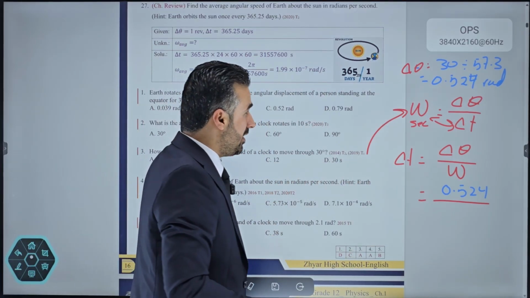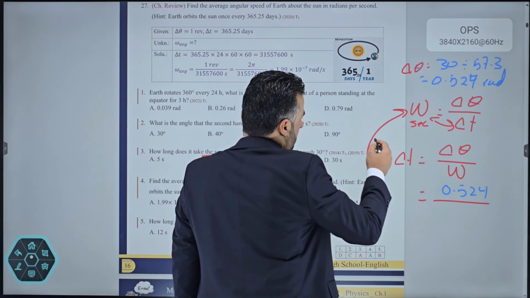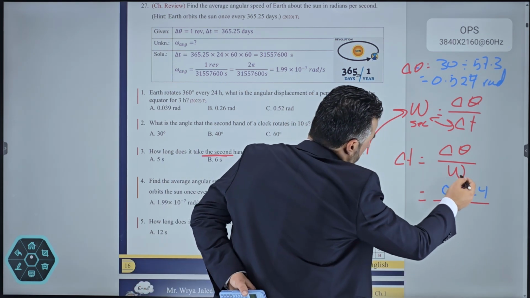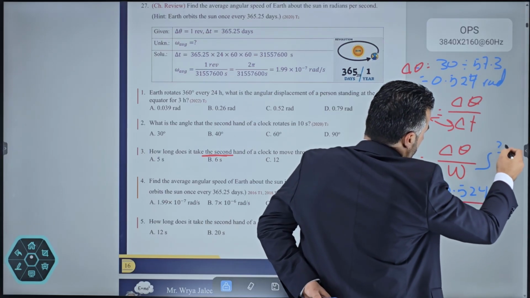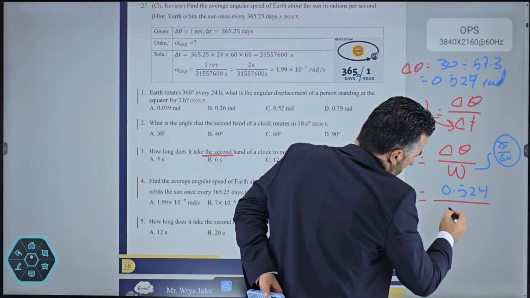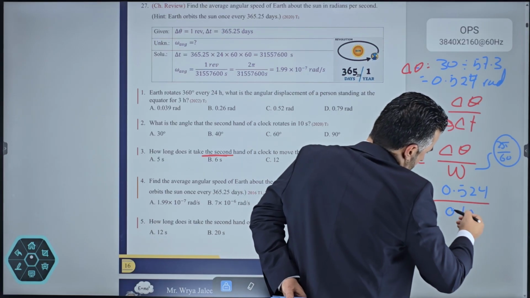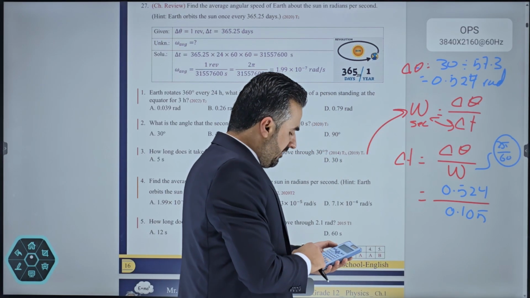The answer is no. Once again, you will have to go and find it, yes? And how do we do that? We said to find the angular speed for a clock hand, we always say 2 pi over the time it takes, or 60. So once you do this, you get about 0.105 here. Now you can do the math and find the answer.